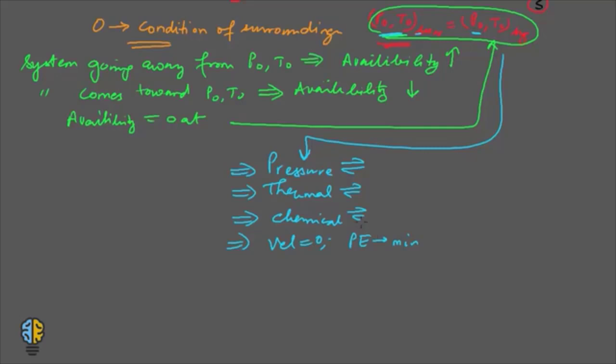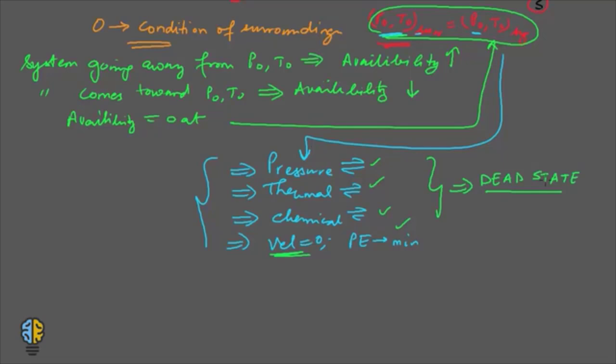This state where pressure equilibrium exists, where you have thermal equilibrium, chemical equilibrium, zero velocity and minimum potential energy, such a state of the system is known as the dead state. Or in simple terms, when the state of a system becomes equal to the state of the surroundings, then at that point the system is said to be at dead state.